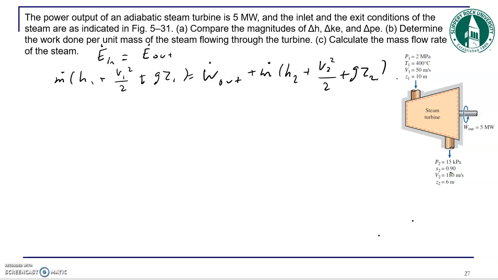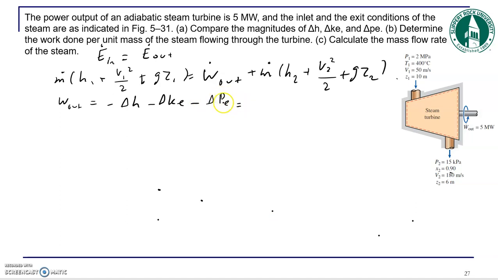And we have already calculated all these things, so from the above equation we can calculate the W out, and W out is equal to, just divide each side by m dot, minus delta H minus kinetic energy change minus potential energy change.